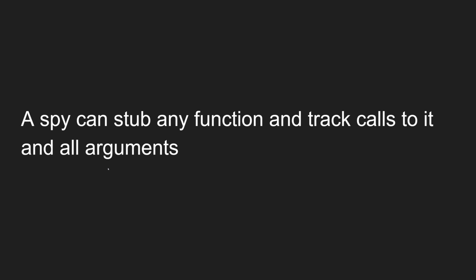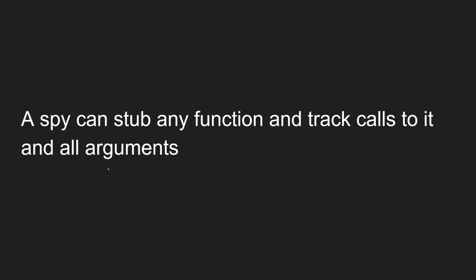A spy can stub any function and track calls to it and all arguments. A spy can stub means, in a test case we are trying to call a function, but in real time the spy will not execute that real function. It will create a stub, meaning a duplicate, so that it acts as if it has been called.